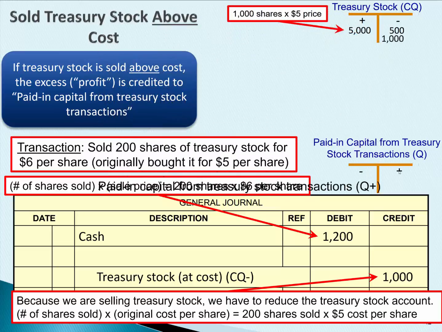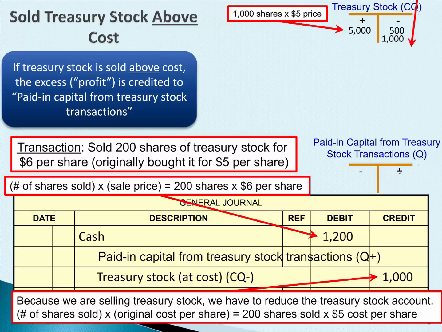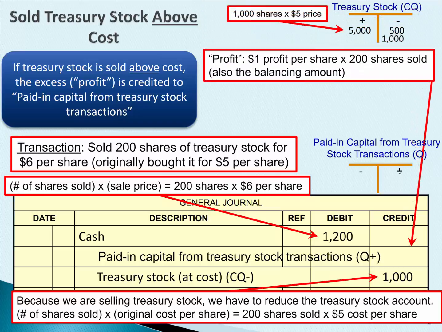And then I'm going to finish the journal entry. This is the balancing amount, or the dollar profit per share. And now our transaction balances. And we've updated our T accounts.